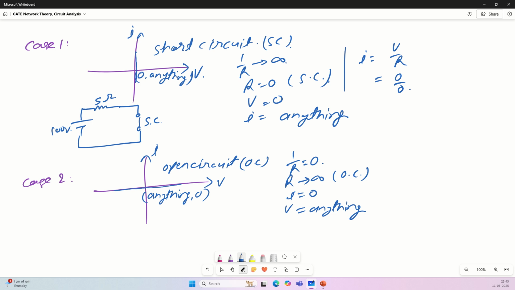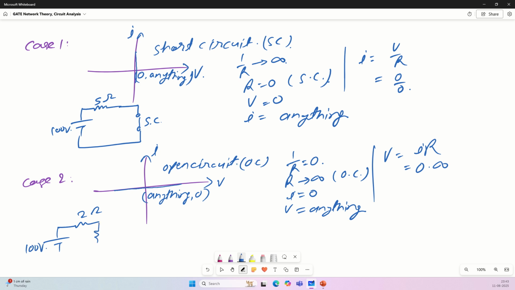Understood? And in that case you can have voltage equal to I into R, and that is 0 into infinity. So this is a case of an indeterminate form. Let us say a simple circuit if I draw, I can have one circuit, let's say 2 ohm, and we have, let's say, a 100-volt source.